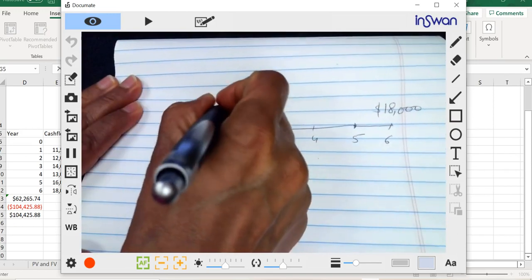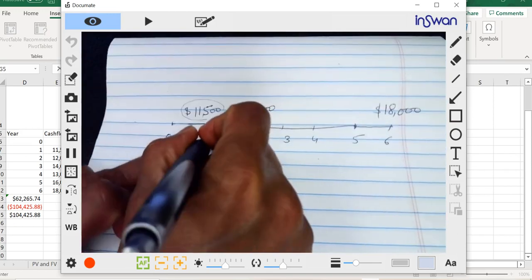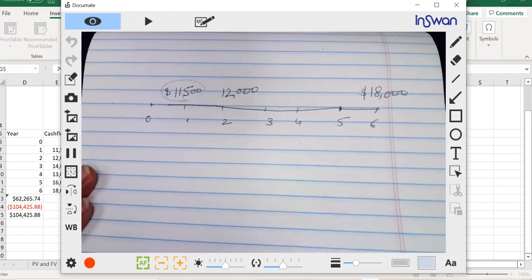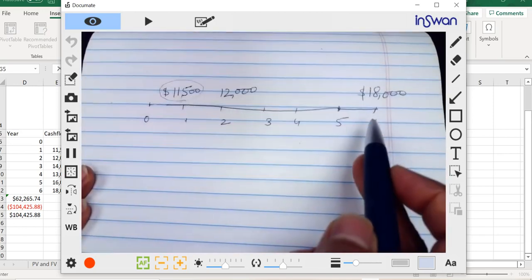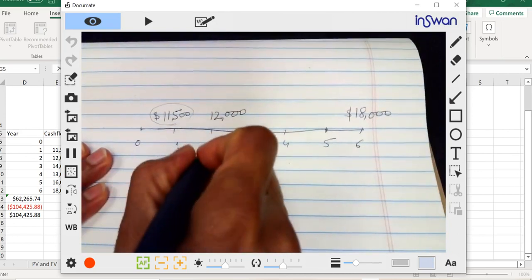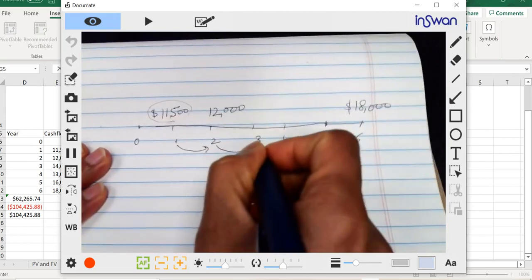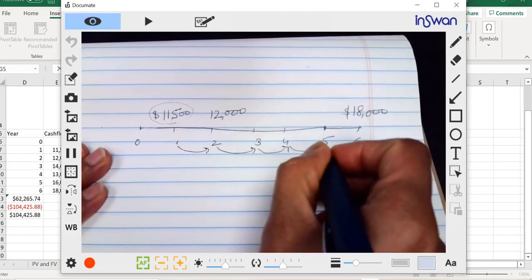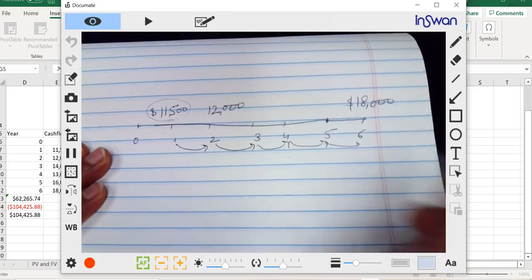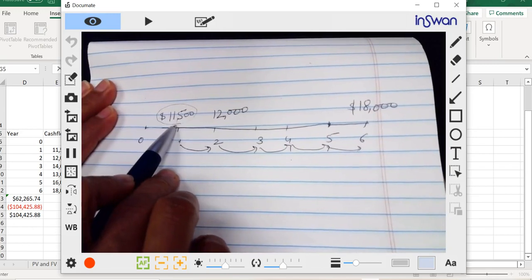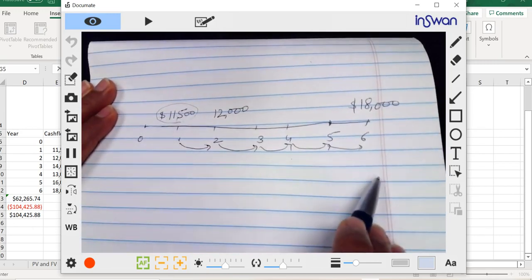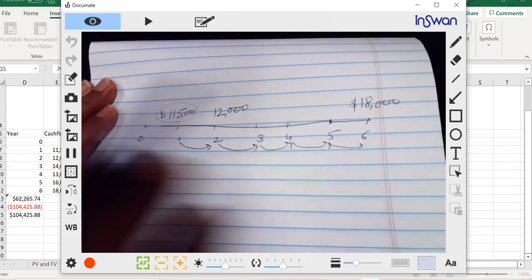So if this cash flow is generated here, for how many periods will it stay invested? So 1, 2, 3, 4, and 5. Okay, so if we get the future value of this first cash flow, it should be for 5 time periods, right?